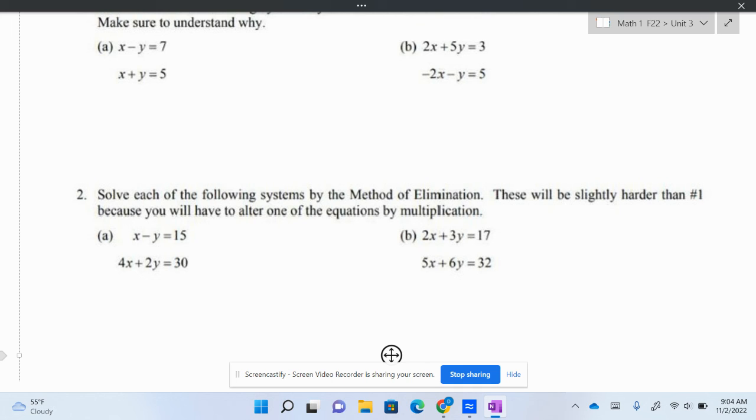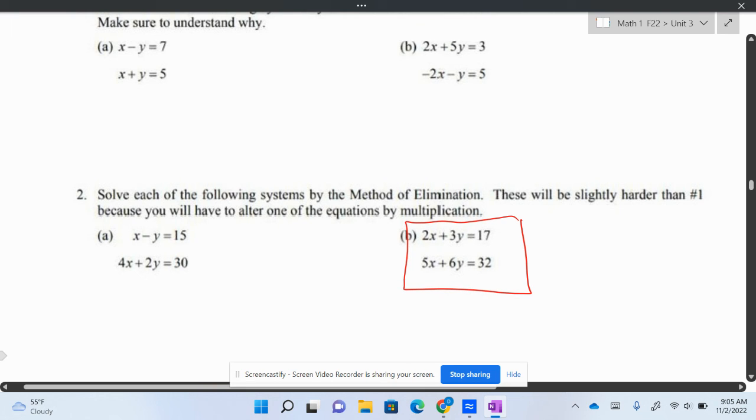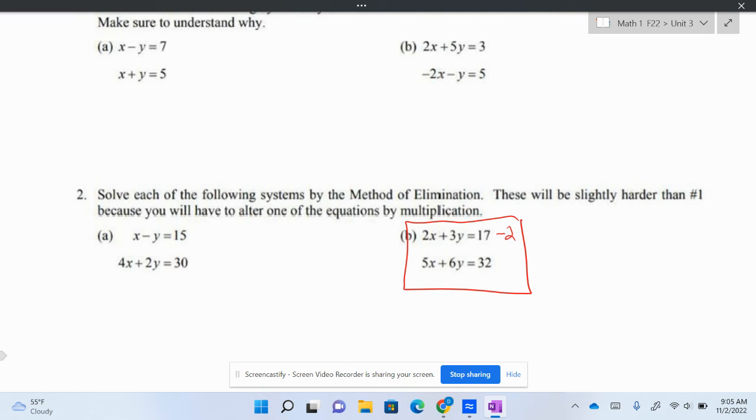What about b? If I multiply by negative 3 on the bottom, what's that going to get rid of? Yeah, multiply by negative 2, and that'll get rid of your y's.